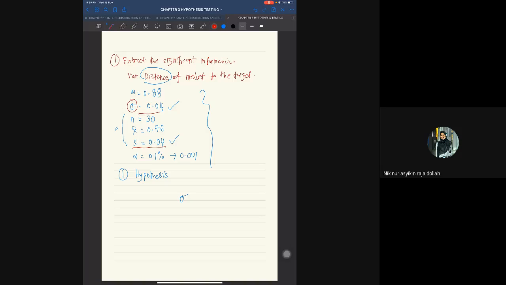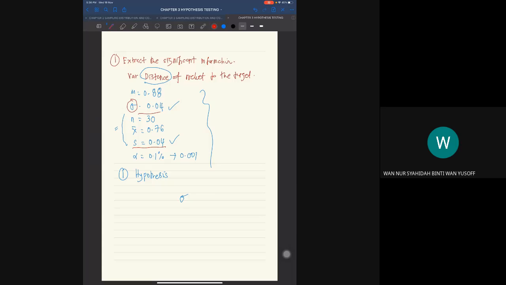So it doesn't give any effect to the accuracy, isn't it? Yes. So there is no effect of the variability in discussing this accuracy. In this case, to discuss the accuracy of the rocket, variability does not give any effect because the population value is similar to the S.